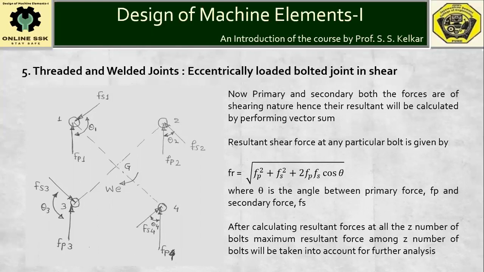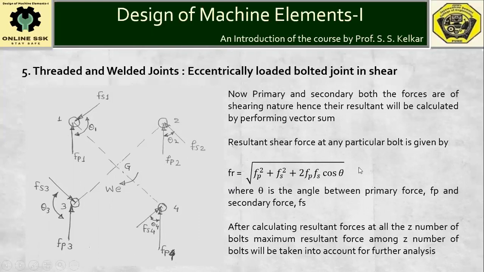Therefore, for finding the resultant of the primary and secondary force, we have to take the vector sum. After having the vector sum, we can decide what will be the resultant shearing force experienced by a particular bolt. So here the resultant force Fr for a particular bolt will be given by the square root of Fp square plus Fs square plus 2 times Fp Fs cos theta.